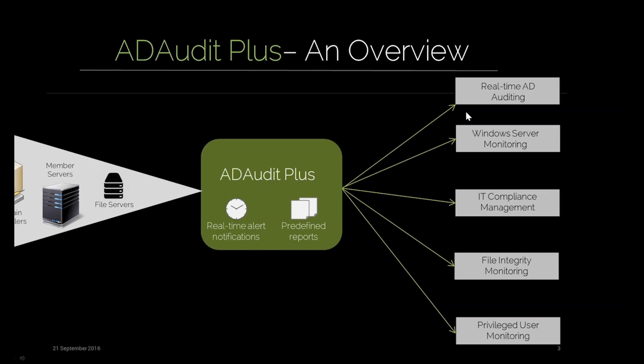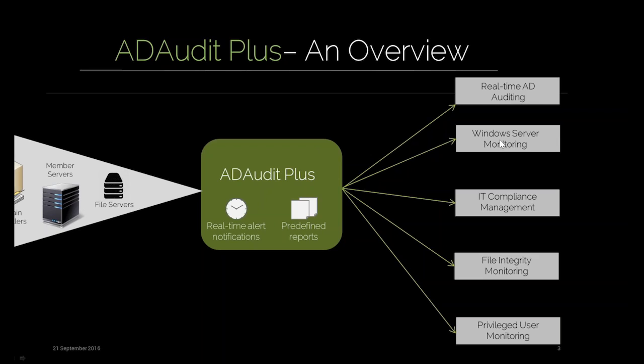These are all the reports that I've been talking about. We have real-time Active Directory auditing. If anything goes wrong on AD, the tool will immediately fetch the data and show you a report. And of course, we do have alerts. You can configure your own alerts in ADAudit Plus based on your requirement.